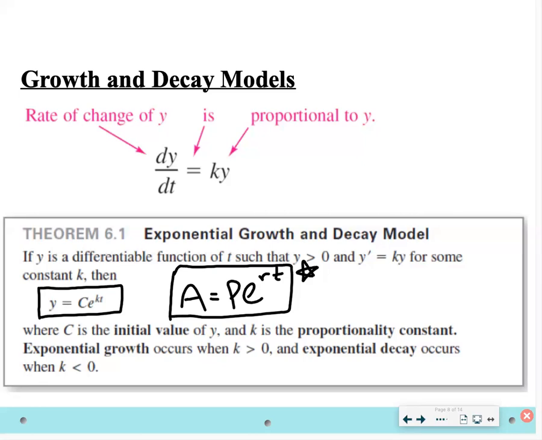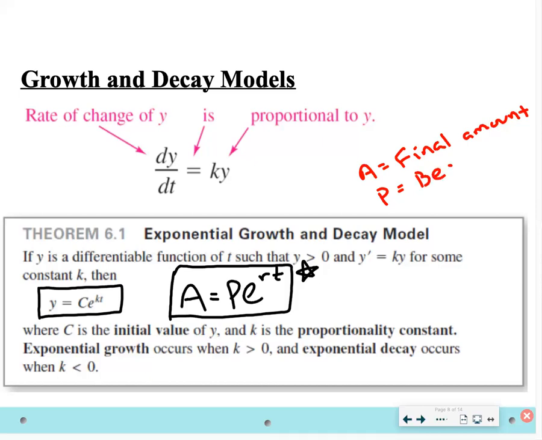If you've written this equation in your notes, just know that A is like your final amount, right? And when you've seen this before, you may have seen it when it comes to like compound interest problems or money and stuff like that. But you can use this in a lot of different places.